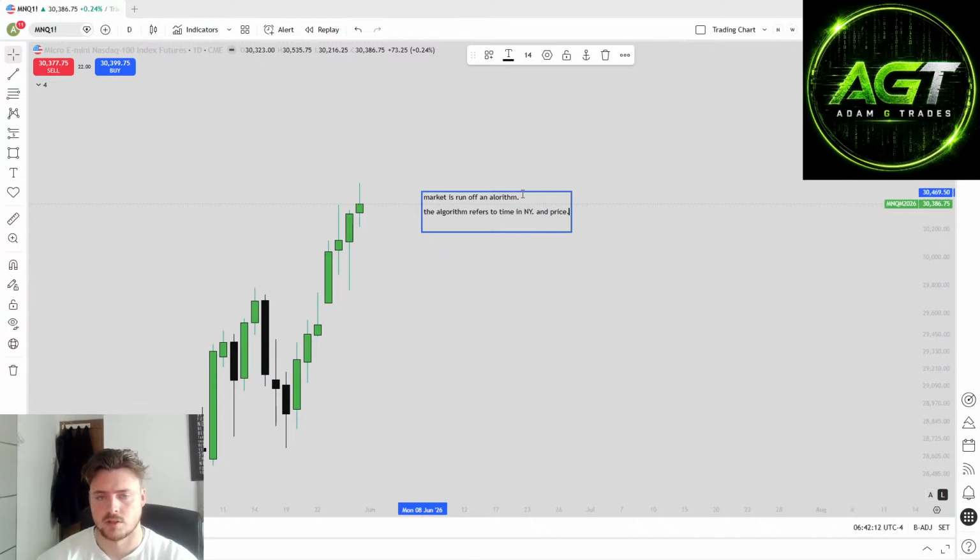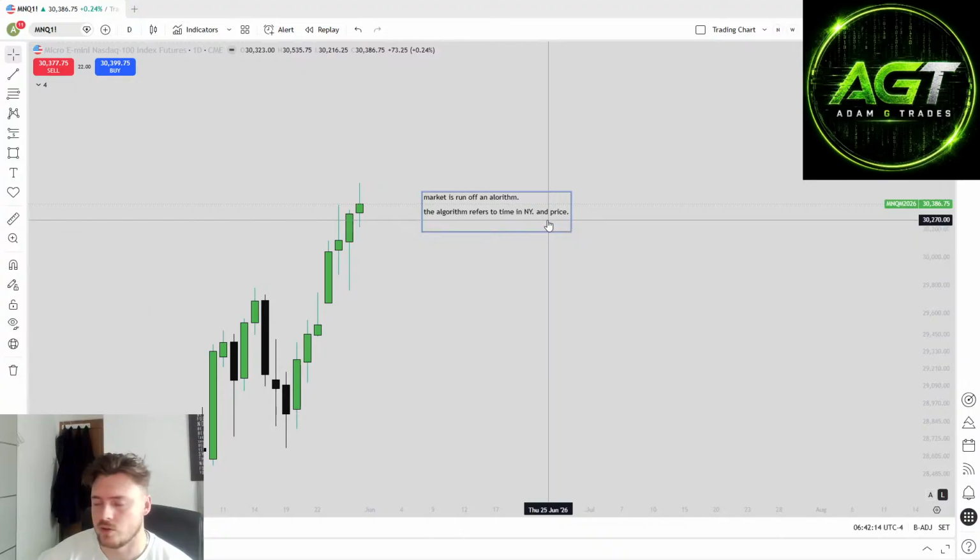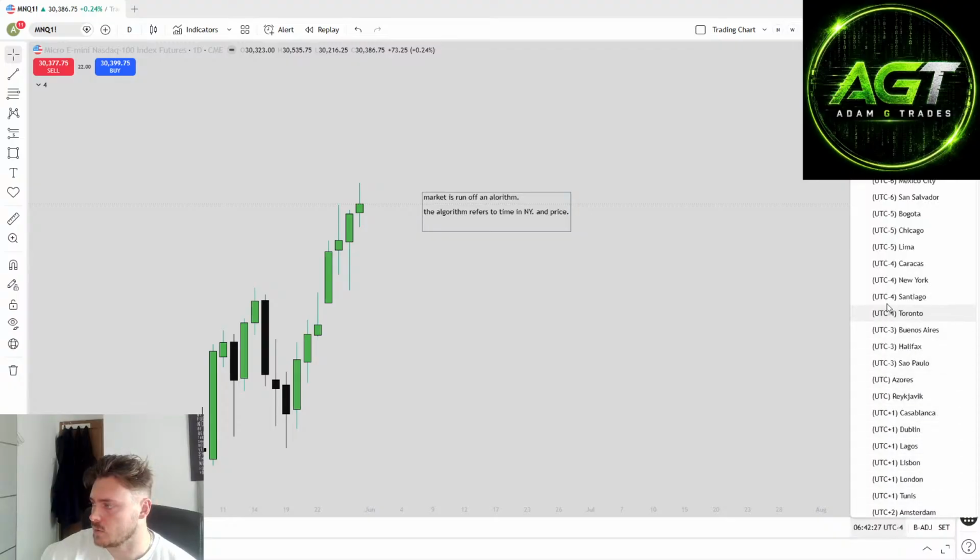So time is very important. What time you trade matters, and you need to set the chart down here at the bottom right to New York time. So whatever that is, just make sure it's New York time because the algorithm's referring to New York time.